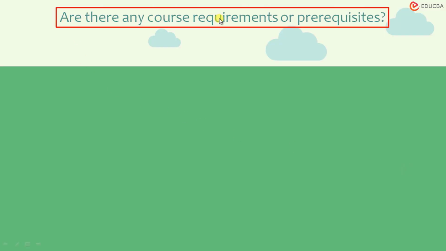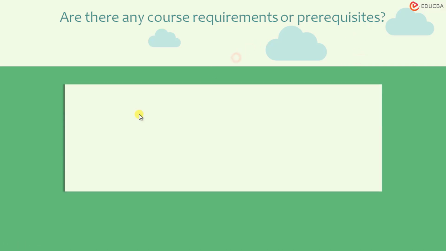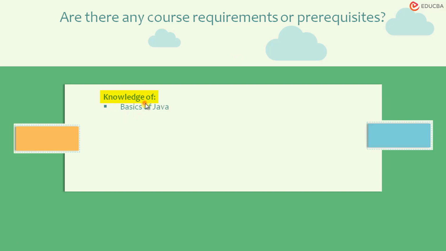Are there any course requirements or prerequisites? Yes, in order to start with any course or any project, we have certain requirements and prerequisites, right? So these requirements and prerequisites are: you should have knowledge of the basics of Java, because when we are writing the code in REST assured Java, we are using the Java language to write the code. So we should have the knowledge of Java in order to learn REST assured Java.